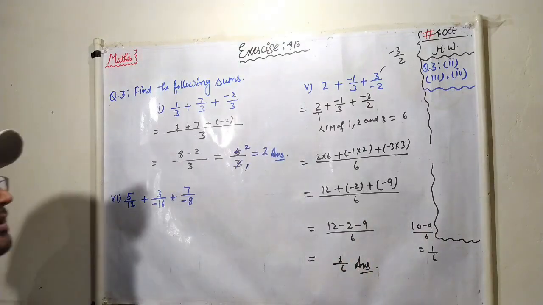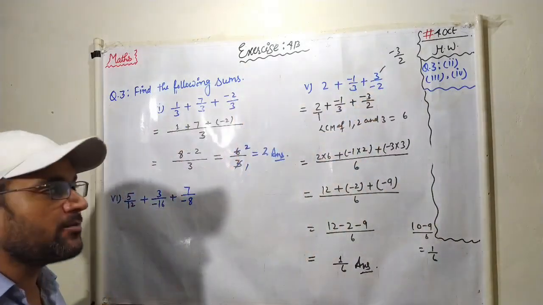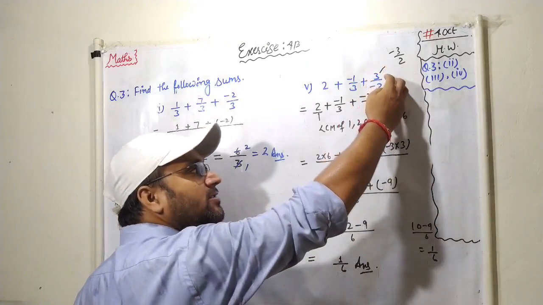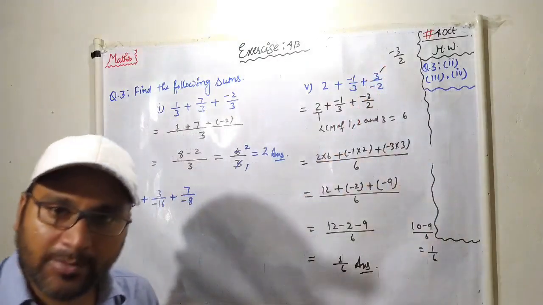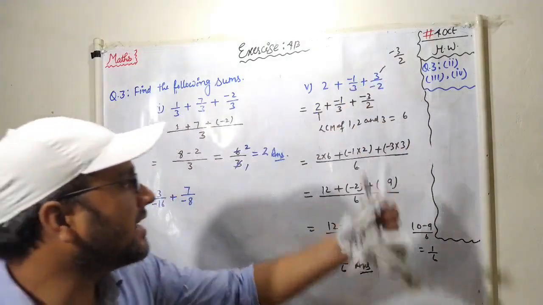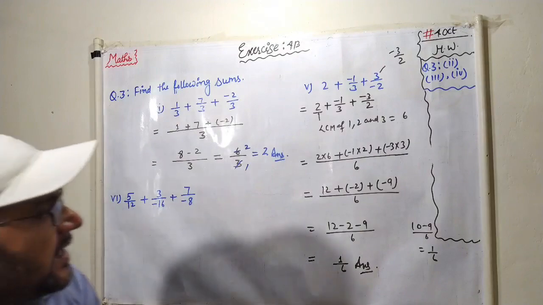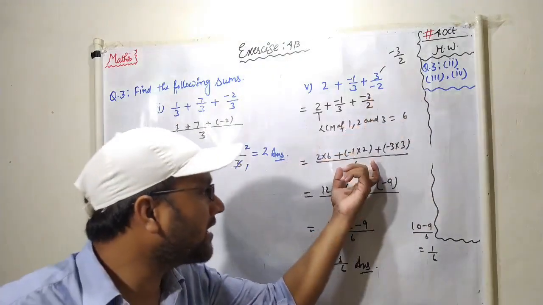When your denominators are negative, first your aim is to change them to positive by multiplying by minus 1 in the numerator as well as the denominator. Then you get minus 3 upon 2, and the rest you know. Take the LCM of the denominators, and that LCM is your equivalent denominator.